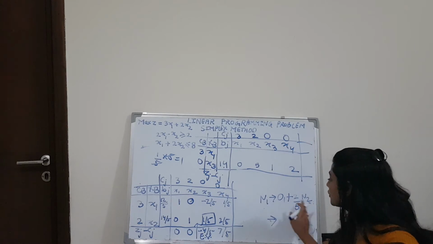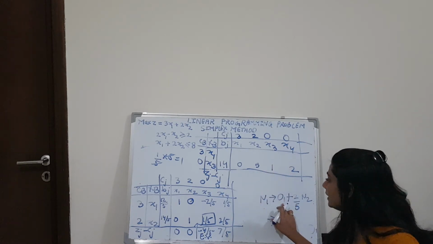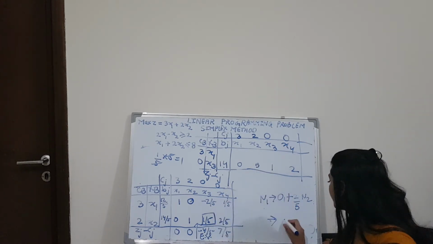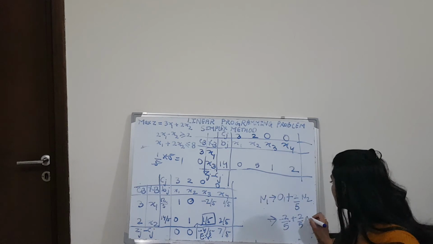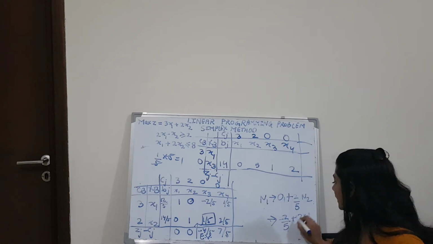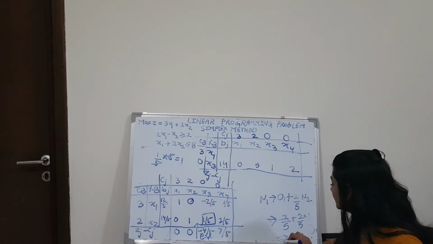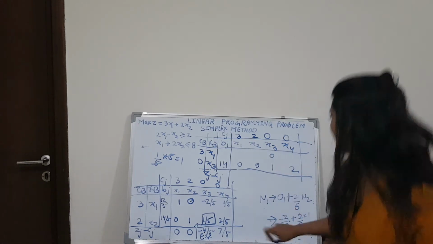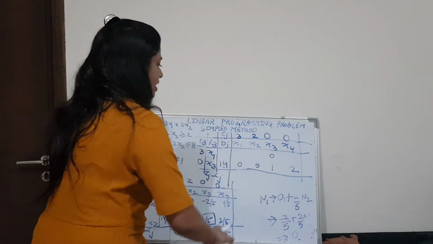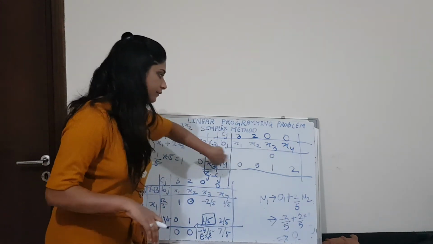By this equation we will get 0 here. O1 at this place is minus 2 by 5 plus 2 by 5. n2 at this place is 1. So minus 2 by 5 and plus 2 by 5 we are getting 0 at this place. So by this equation we will get our new table and one row.